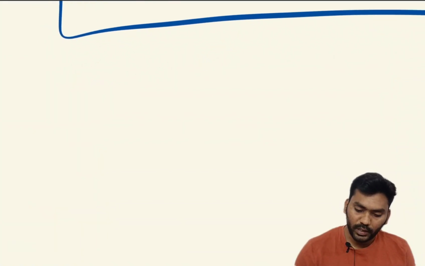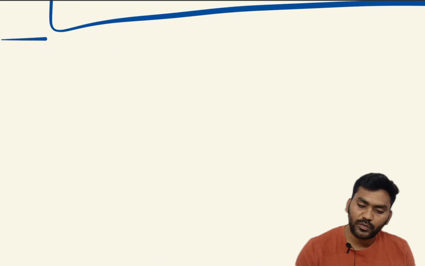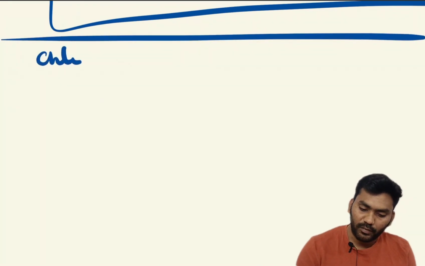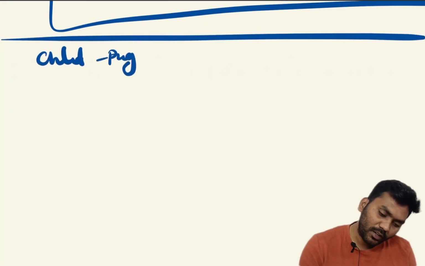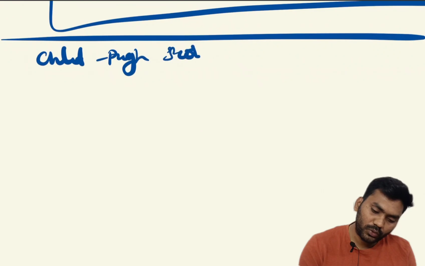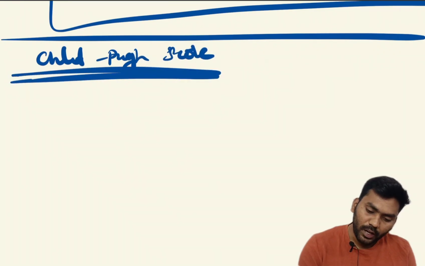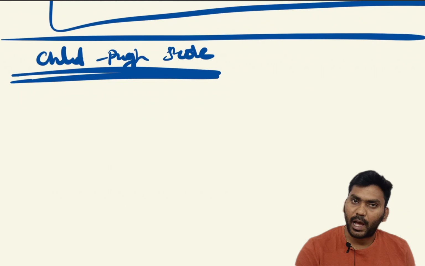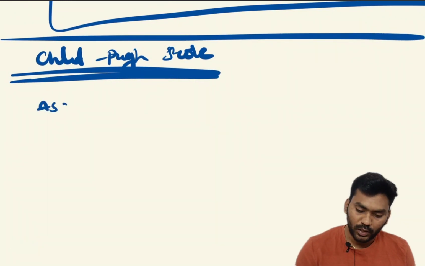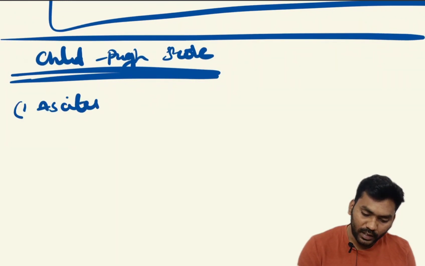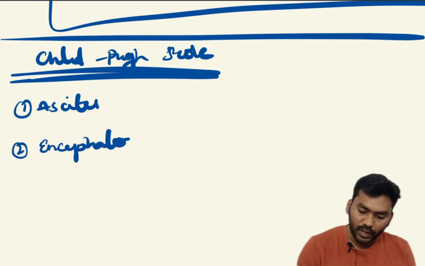One more important score that will be used for the assessment of liver function is the Child-Pugh score. Here we use both laboratory tests and clinical assessment. Clinically we will assess for ascites and presence of encephalopathy.